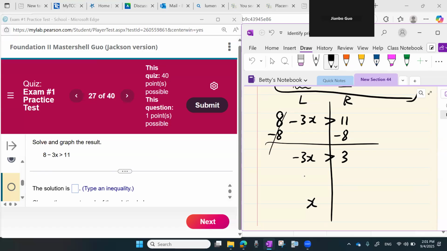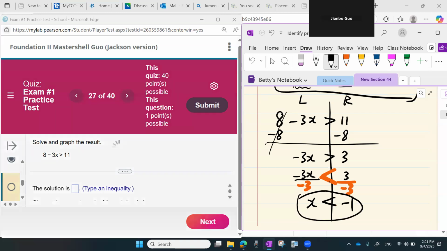We are going to divide each side of the inequality by -3. And a very important thing here: since we divided by -3, we have to switch the direction of the inequality symbol. Okay? 3 over -3 is -1. So the answer is x is less than -1.